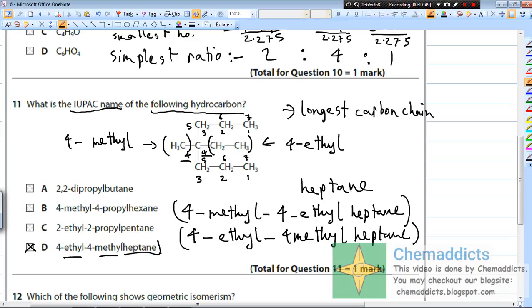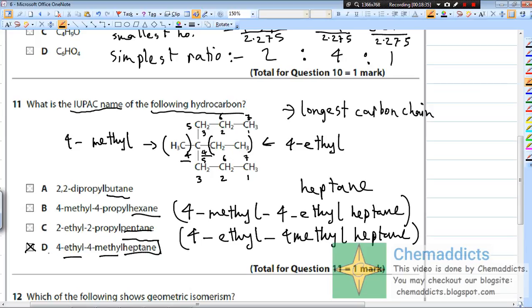Other answers include butane, hexane, pentane, but heptane is present only in this answer, so without much further analysis we may take D as the answer.